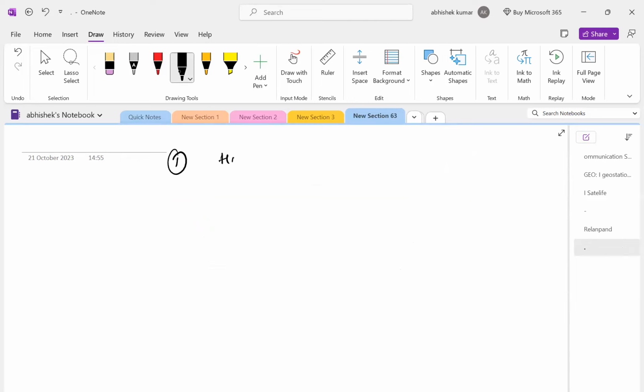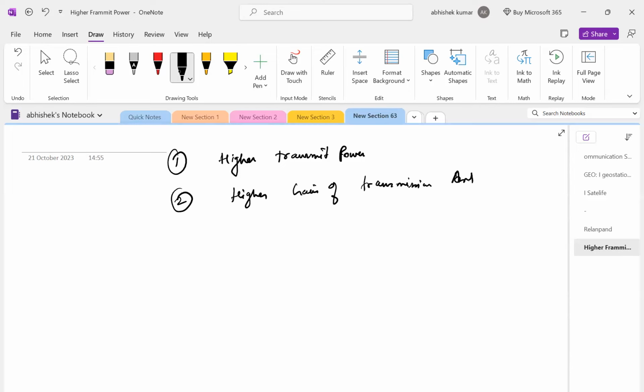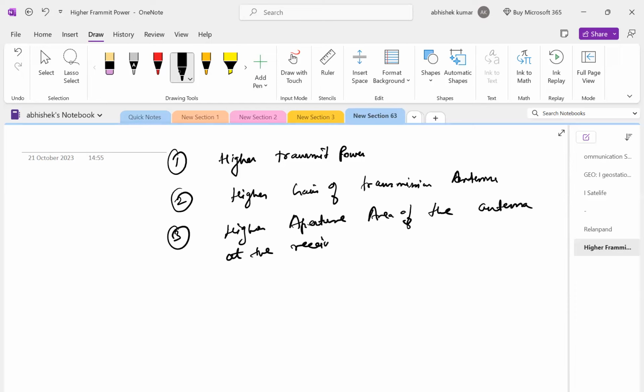First point is that we should have a higher transmit power, higher gain of the transmission antenna, higher aperture area of the antenna at the receiver, and a less noisy device.